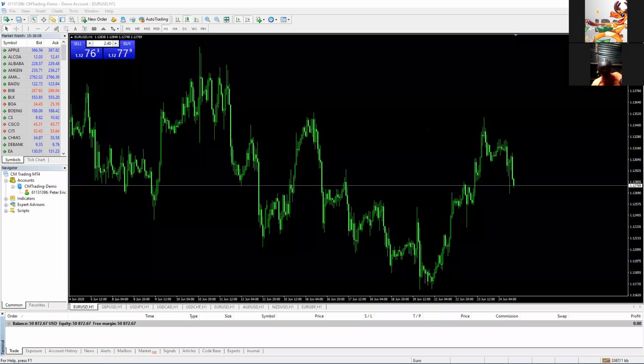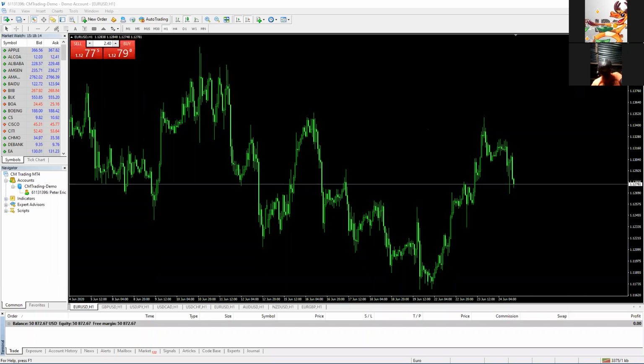Kuna zile zitakuambia the volatility of the market, the momentum in the market, volume. Kama market iko likely ku move sideways, kuna indicators zitakuambia kama kuna hiyo volume ya kuzidrive in a certain direction ama ku reverse the market, okay?